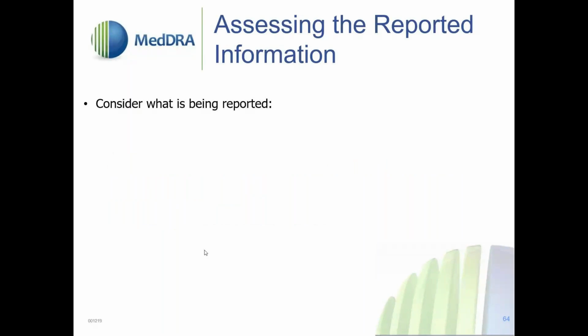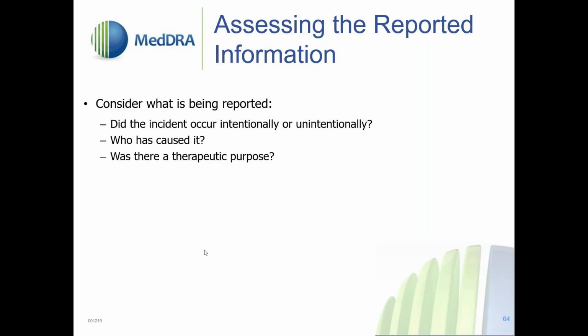At first, you will always have to assess the reported information. First, check for the 3 criteria for the classification. Did the incident occur intentionally or unintentionally? Who has caused it? Was there a therapeutic purpose? Did it happen in the context of therapeutic use of the product?